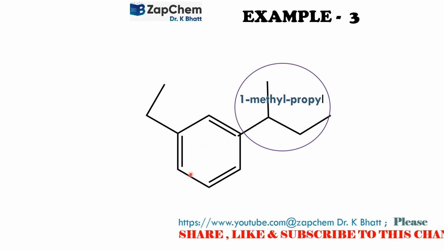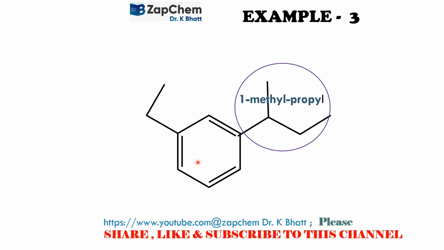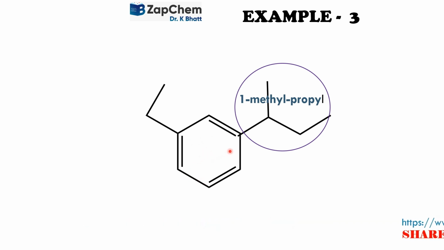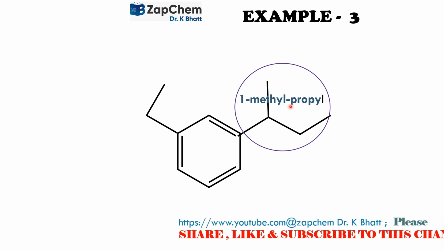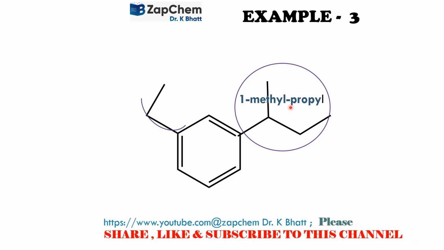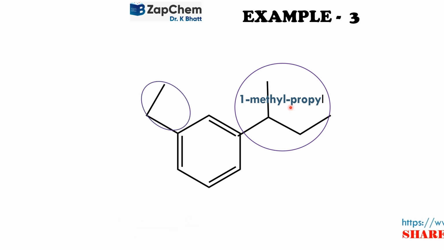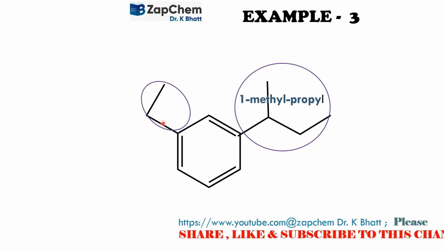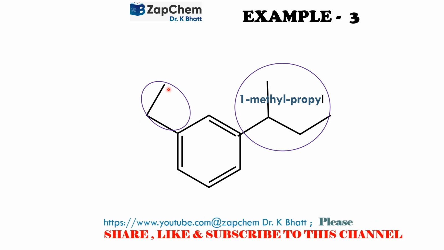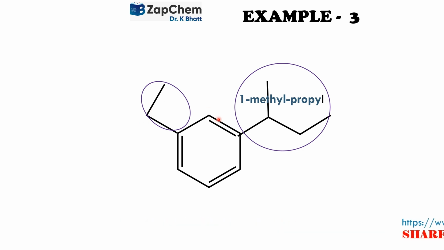This is a C6H6 ring, which represents benzene, and at the same time it is linked to a group known as 1-methyl propyl. Simultaneously, at another position, it is linked with a group known as ethyl, CH2CH3, and we have to number accordingly.